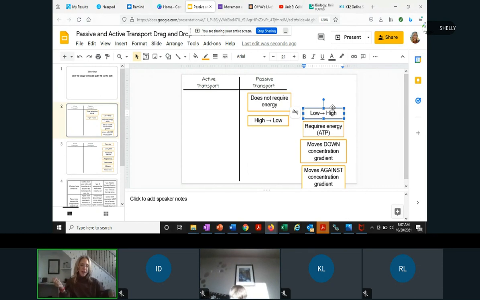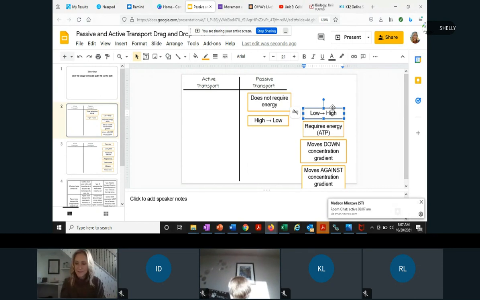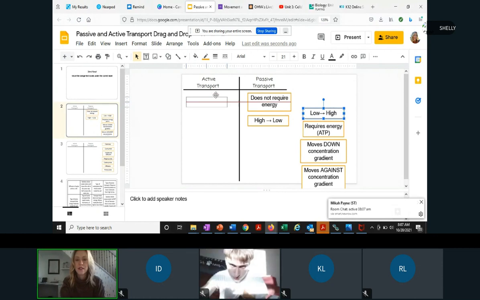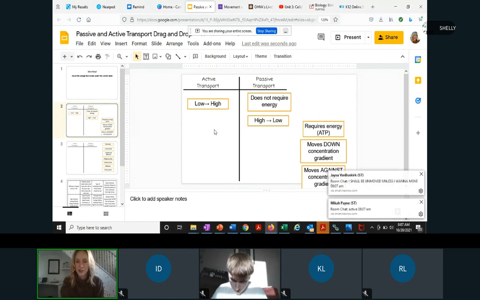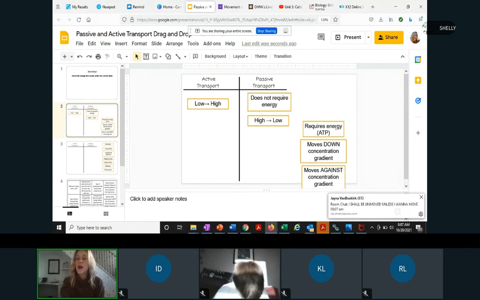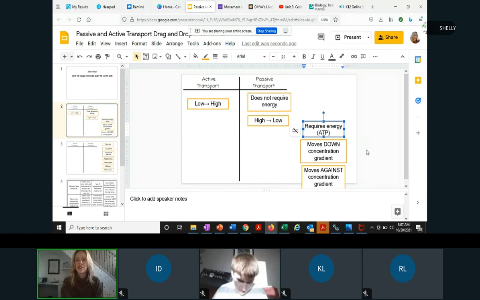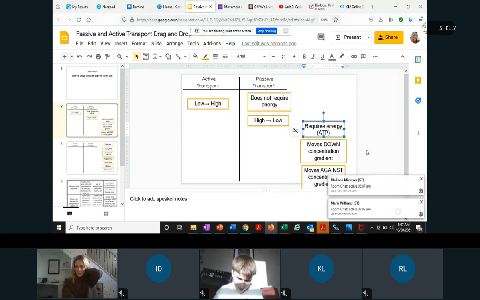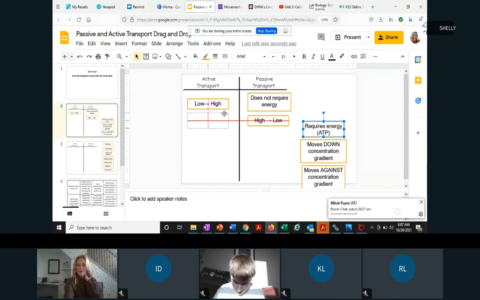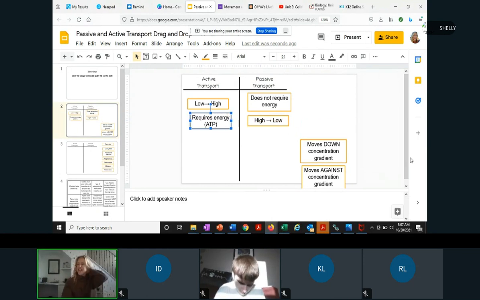So if passive transport is when you move from high to low, then what type of transport moves low to high? Yes, active transport moves against the concentration gradient. So which one of these requires energy? Active transport, because it requires energy to do things we don't like.